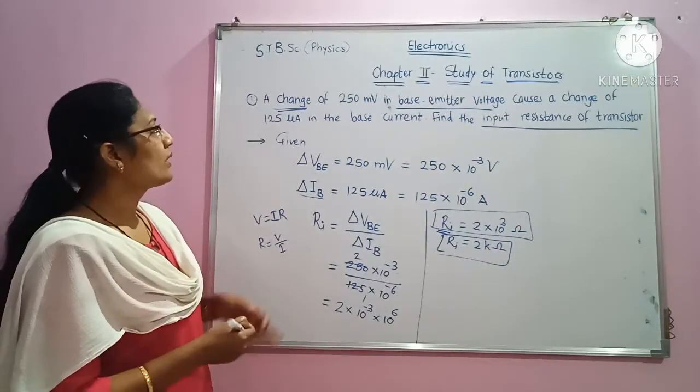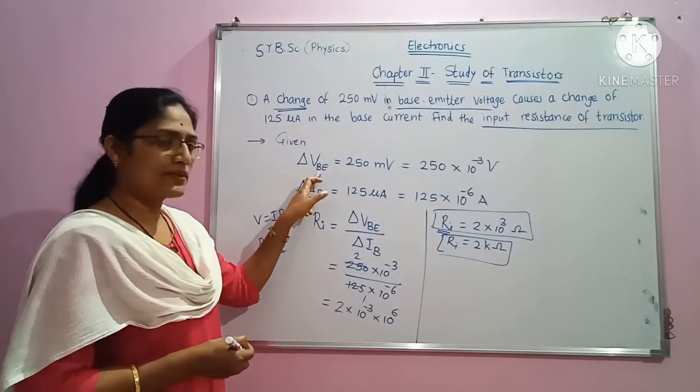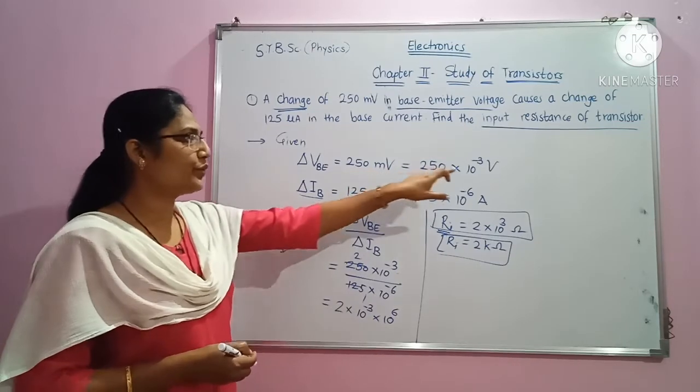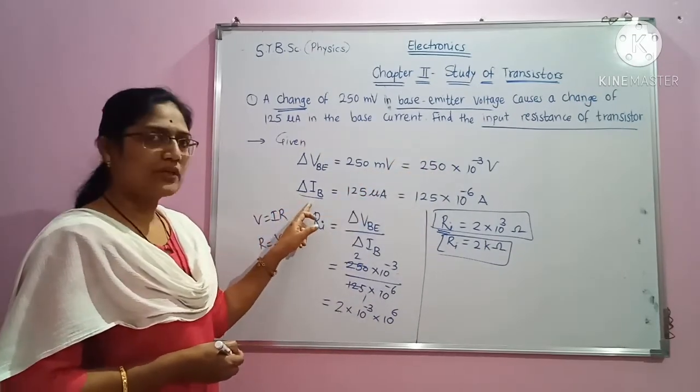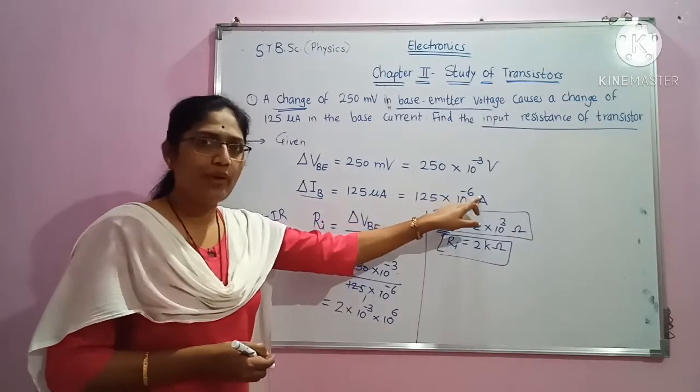So see, we have written the given things. Delta VBE is given as 250 millivolt, and we have converted it into volt. Then delta IB is given in microampere, and we have converted it into ampere.